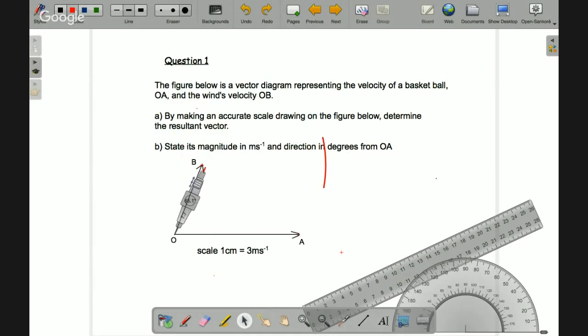You would do this same thing with your actual compass, but it will be a little easier for you. And then we place the tip at A, and we want to mark an arc. Good. So now the intersection is the intersection of the two vectors.